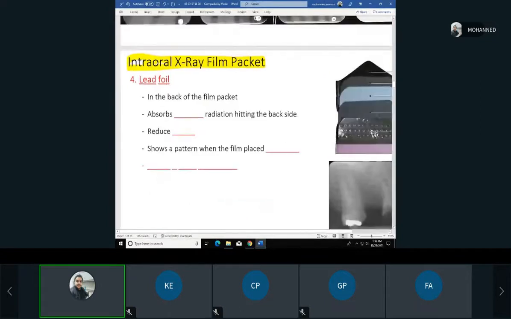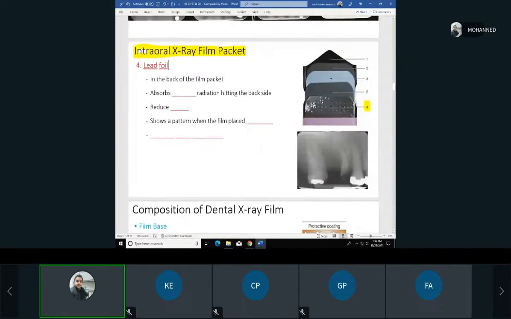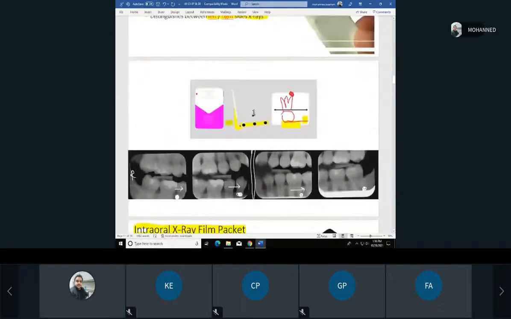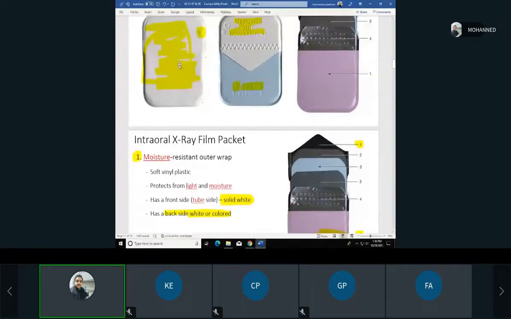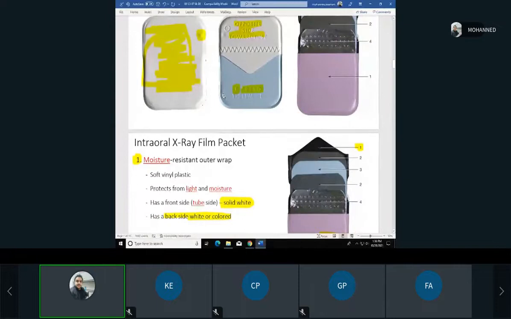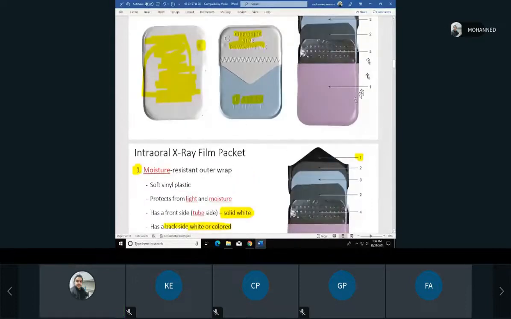This is the area that is not exposed, correct? When we expose the film, this is the back of the film. So the lead foil is located here on the back, not on the front, because we expose that. And we know lead would not allow radiation to pass through, correct? It would prevent the radiation from passing. So why would we place a lead foil at the end of the film?